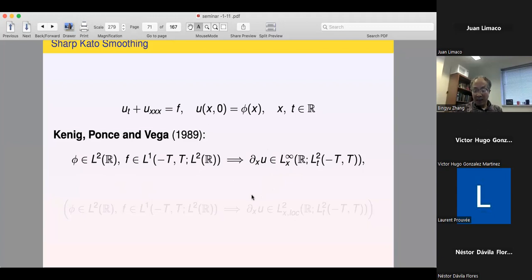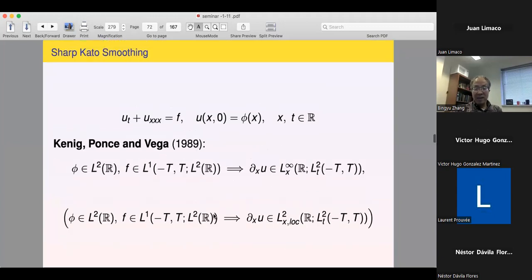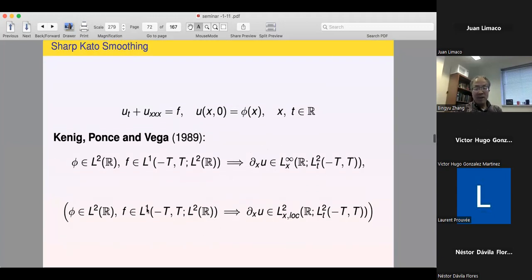As a comparison, this is Kato local smoothing: you can have U sub x belongs to L2 about the space variable x, but sharp Kato smoothing here is L infinity. So it jumps from L2 to L infinity. Of course, the local Kato smoothing part follows from this sharp Kato smoothing, due to Kenig, Ponce and Vega.